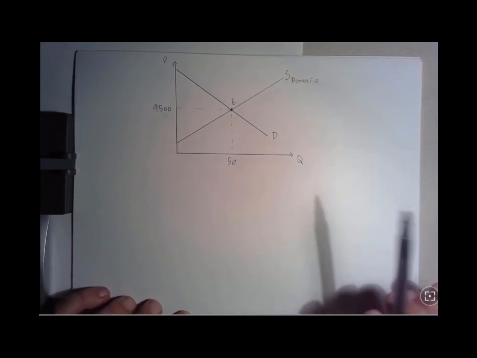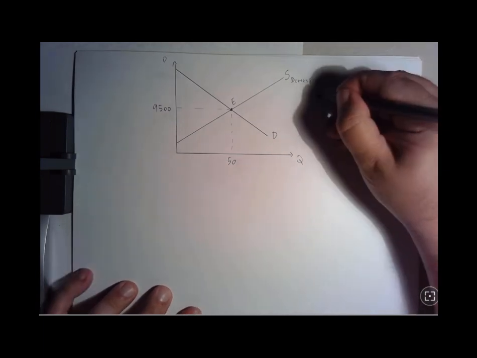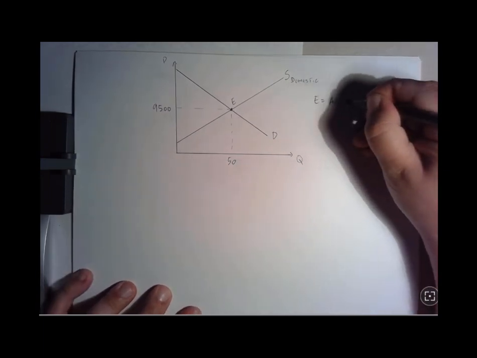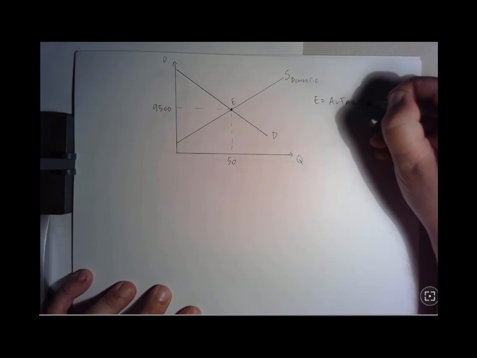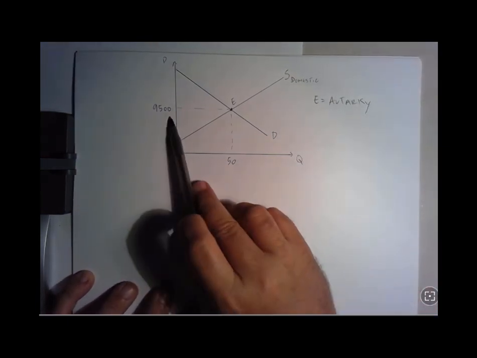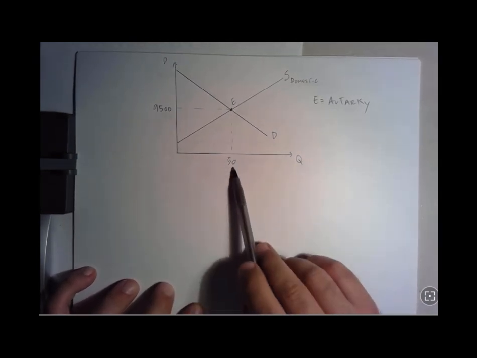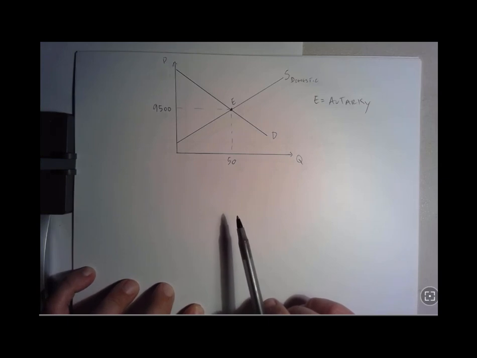So from figure 4.3 we have the equilibrium, E standing for autarky equilibrium. At $9,500 per automobile. This is the quantity of automobiles, and 50 of them are consumed domestically.